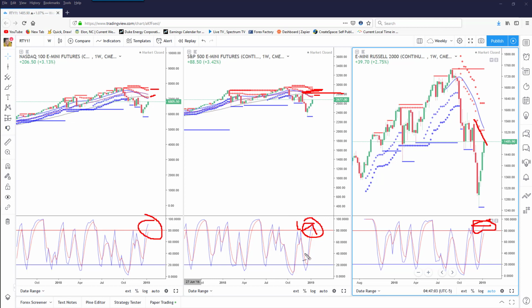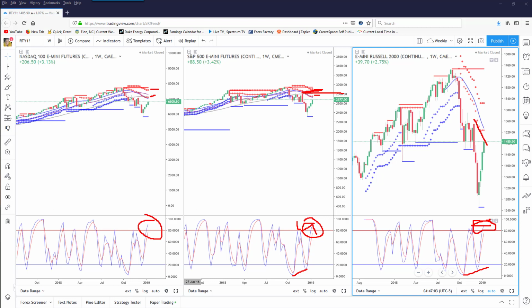That's especially strong if, like in this case, you have this standard divergence followed by the hidden divergence. Typically, that is a very, very powerful move. But again, it could come back to either one of these areas, either the red dot or the ATR.